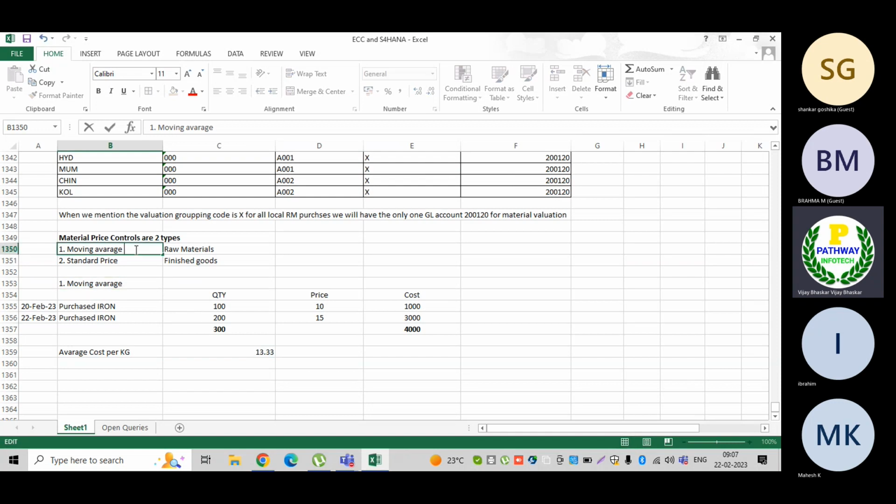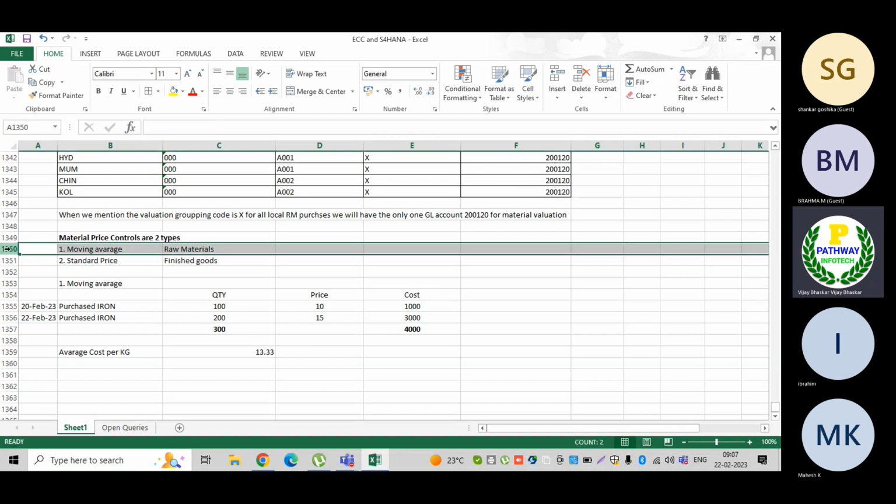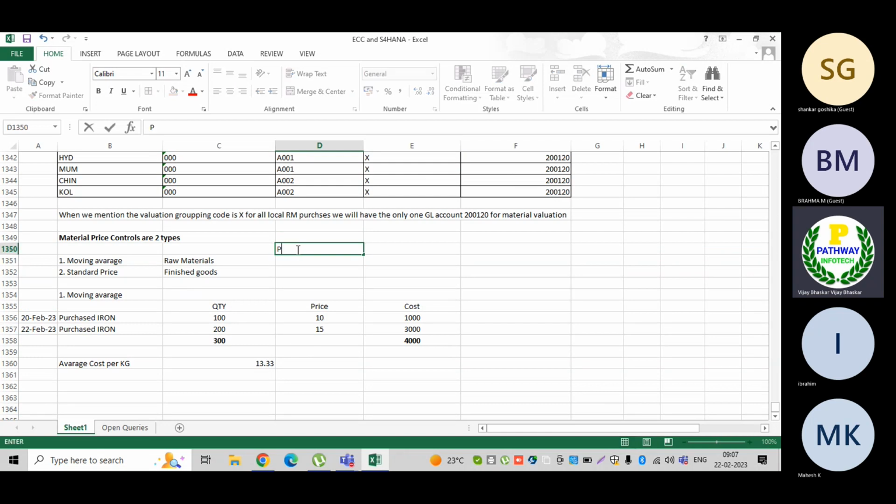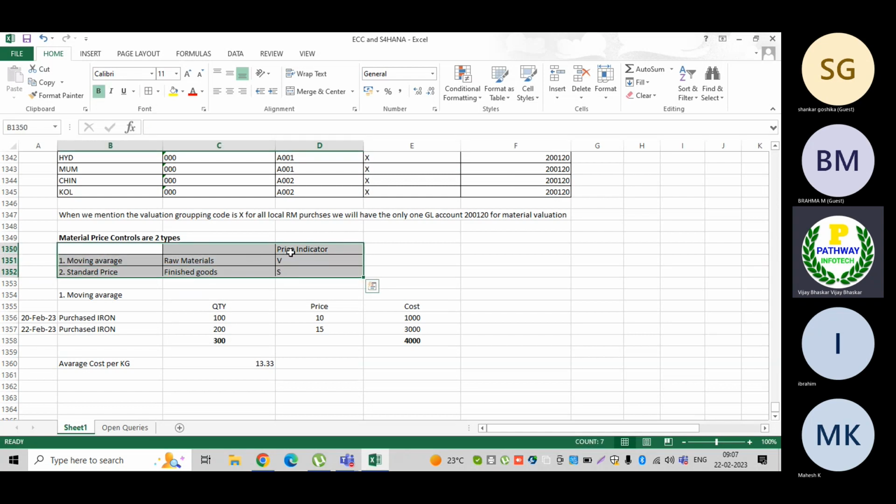For the moving average, the price indicator is V. This will be assigned into the material master price indicator. Now this is the average cost.